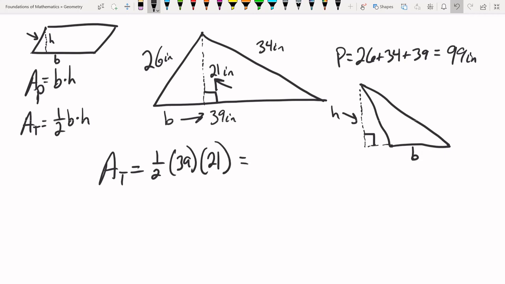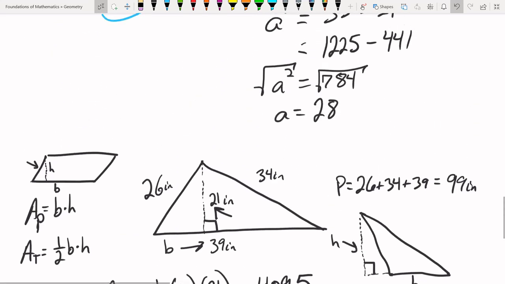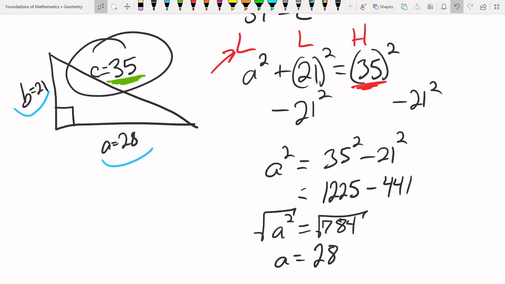So we have 1/2, which is 0.5, times 39 times 21. That gives us 409.5. Now I should say that for right triangles, for instance this one right here, the base and the height are actually both the side measurements.